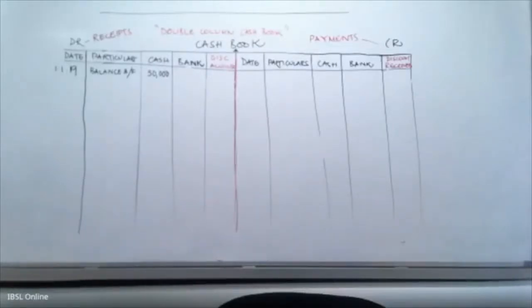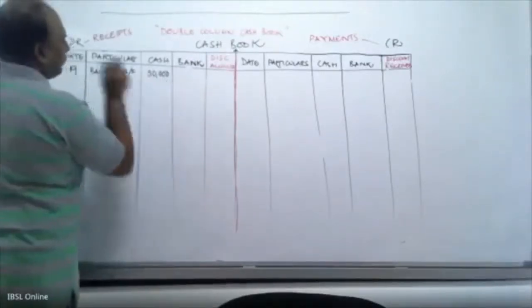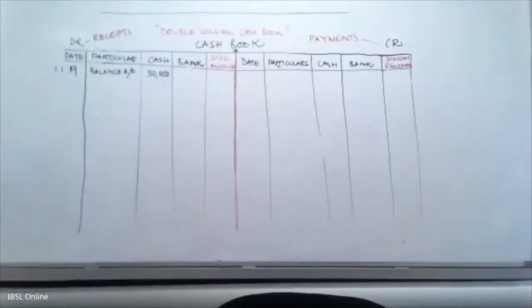And they also say they deposited rupees 30,000 in the bank to open a current account for business transactions. Okay, so they also deposited 30,000 in the bank account to open a current account for the business. So what happens? They have 50,000 of cash in their books.